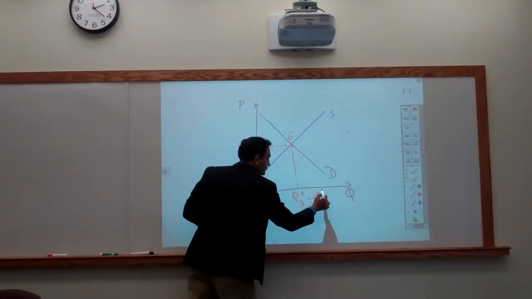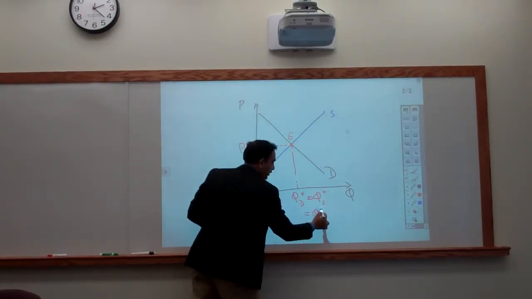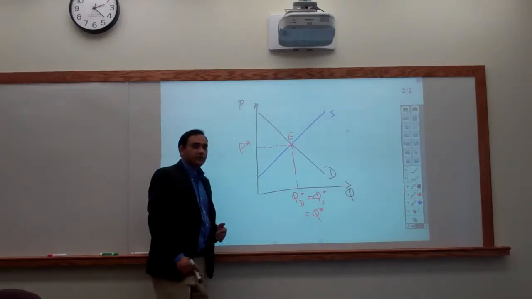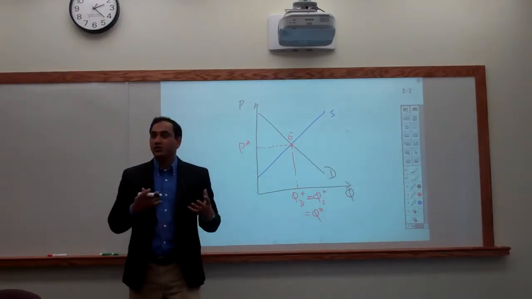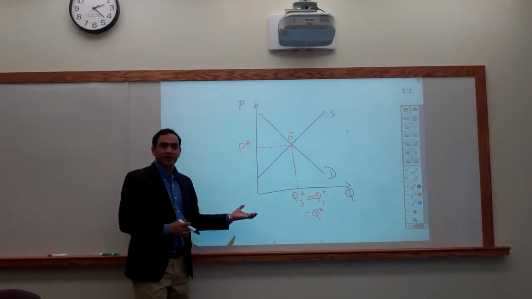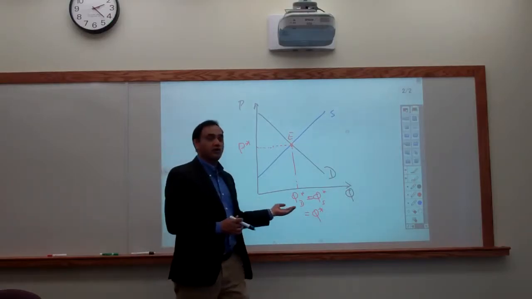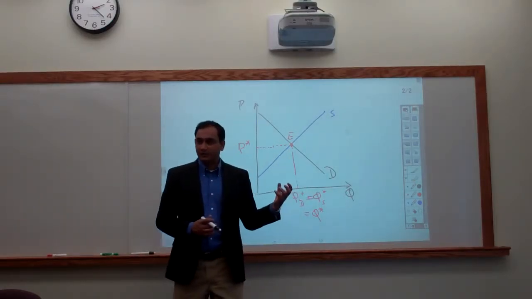QS star, which is the same thing as Q star. So one quantity. Can you see that? Quantity demanded is the same as quantity supplied at the price P star. So it's unique in that sense too, right? Both price and quantity are unique in equilibrium.